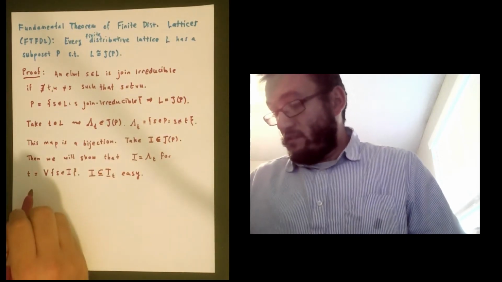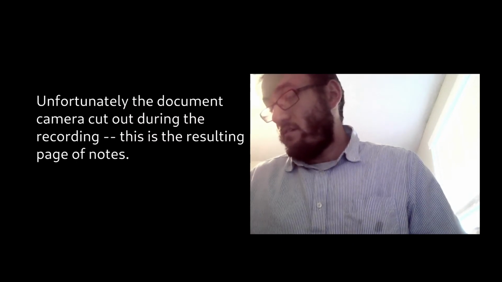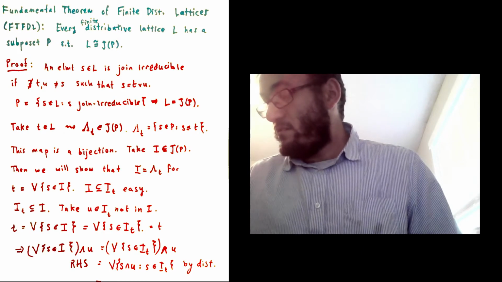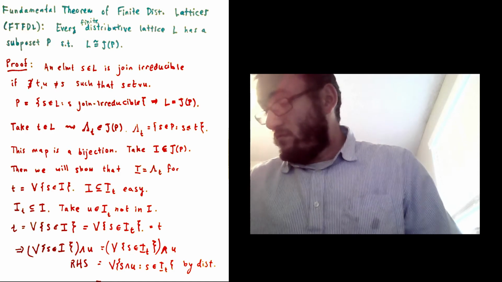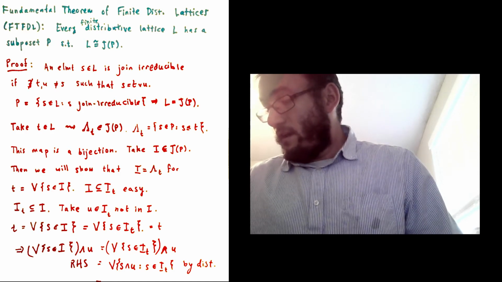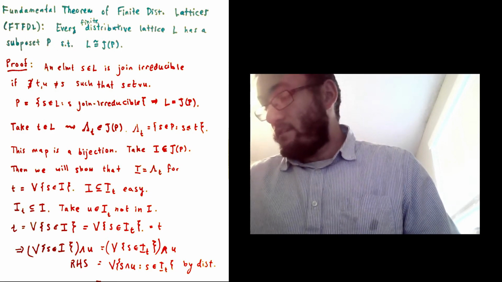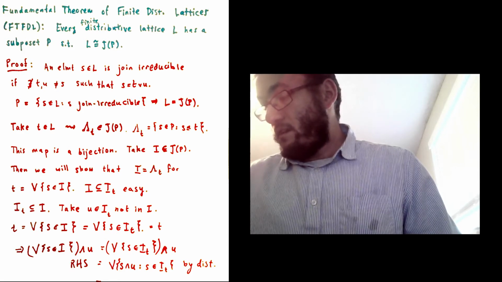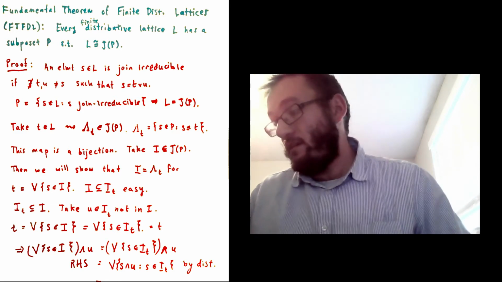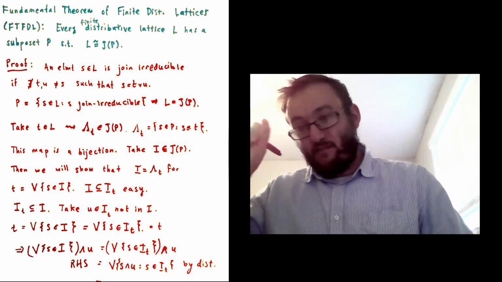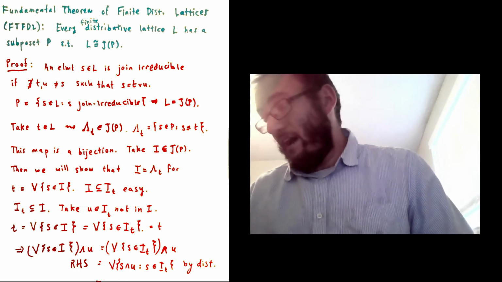The difficult part would be to show that lambda T is contained in I. So we're going to suppose not, so take U in lambda T, not in I. Okay, so this is an element in P, which is in the principal ideal generated by T, meaning it's below T, but it's not among the elements that were in I to begin with.